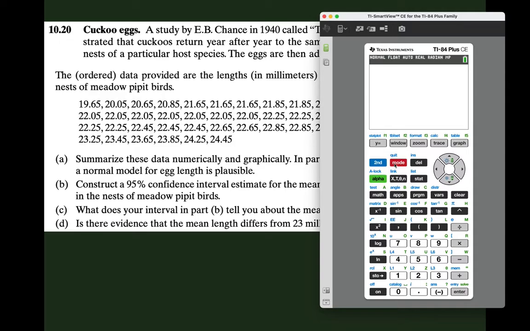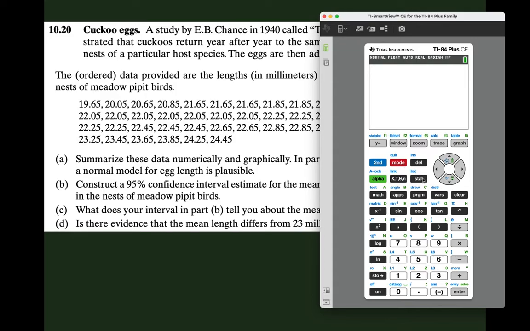Because remember, if the distribution is skewed one way or another, the sample mean will also be skewed. The median is always the middle number. So if we have a normally distributed population, we would expect the sample mean and the sample median to be really close or not too far away.